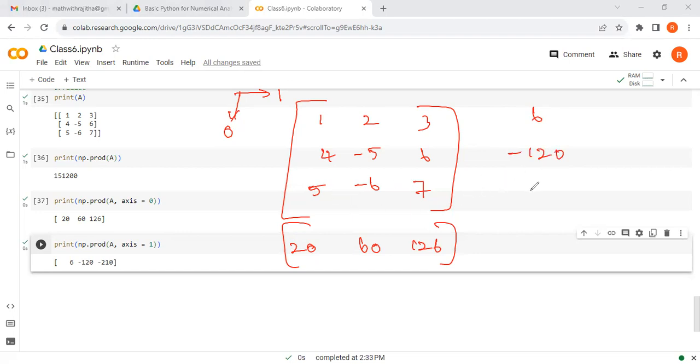And this row is 210. So you are getting 6, minus 120, 210, and this vector. Okay, that is fine. Those are the row operations we can apply on matrices. There can be many other defined functions. Depending on the application, we can use them accordingly. So that concludes that section.